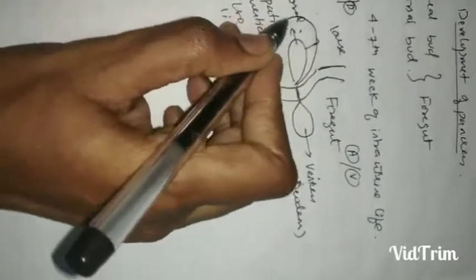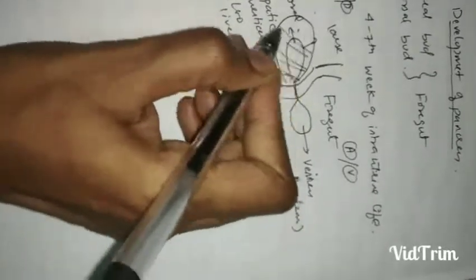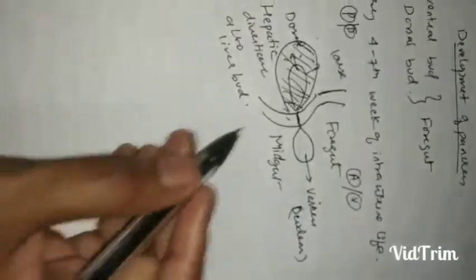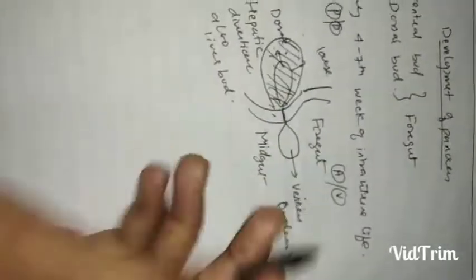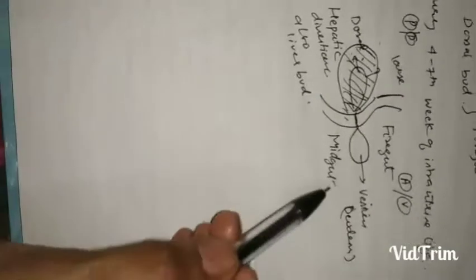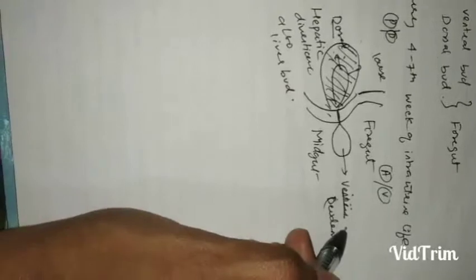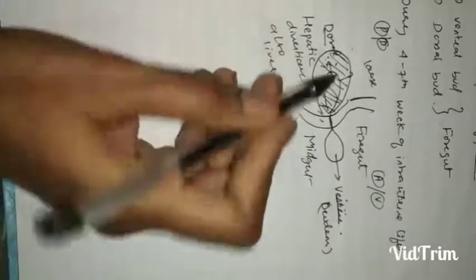So we can draw this further. So this ventral bud and the dorsal bud: ventral bud is located anteriorly or ventrally, and dorsal bud is located posteriorly or dorsally.